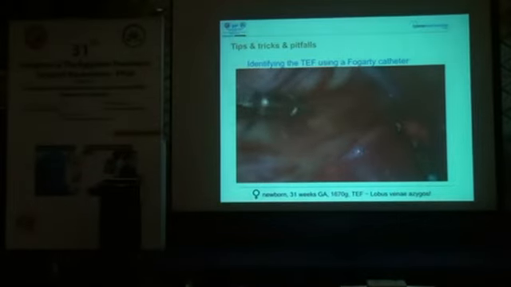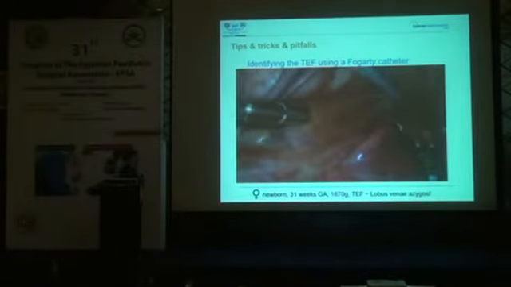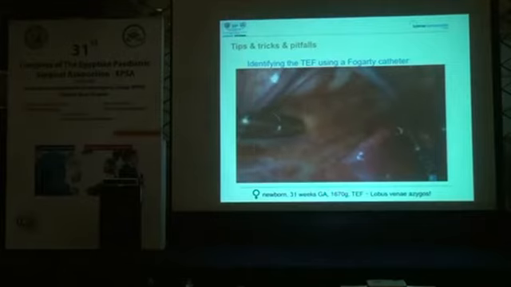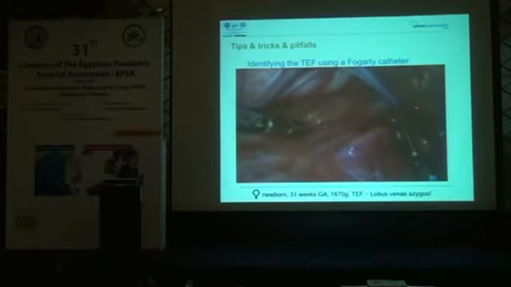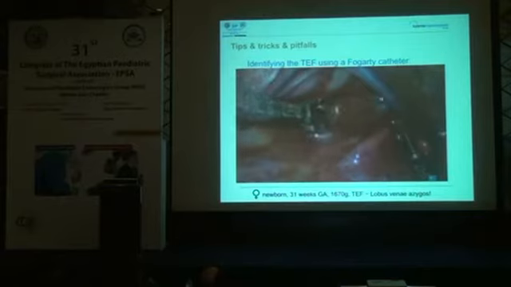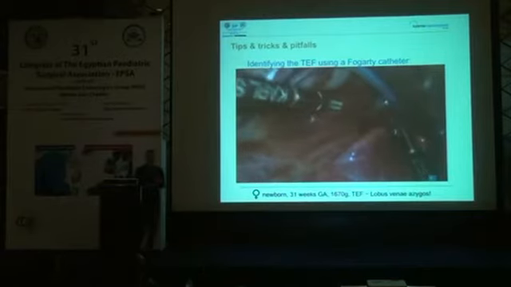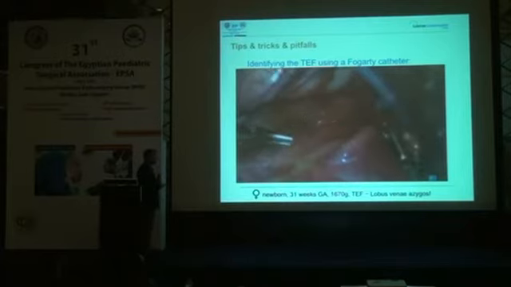Sometimes it's hard to identify the fistula. I want to mention that this is a lobus venae azygos type in a very small kid with 1600 grams. So the azygos is draining into the right lobe. It's not the regular situation here, so I try a little bit harder to identify the fistula. We are working here on the upper pouch.